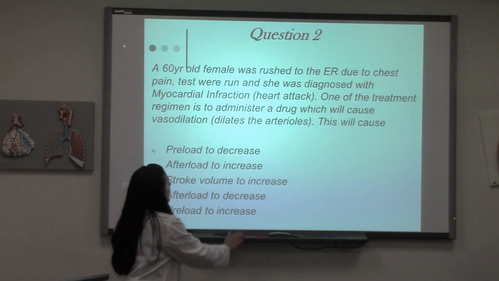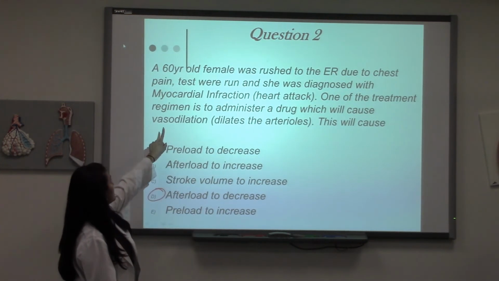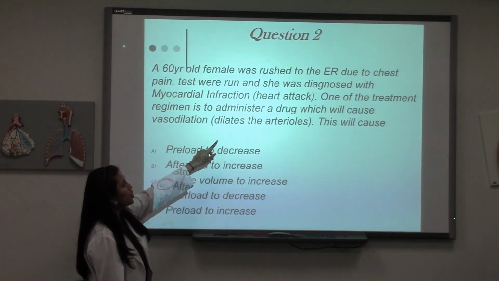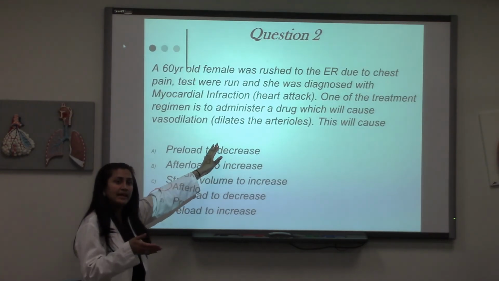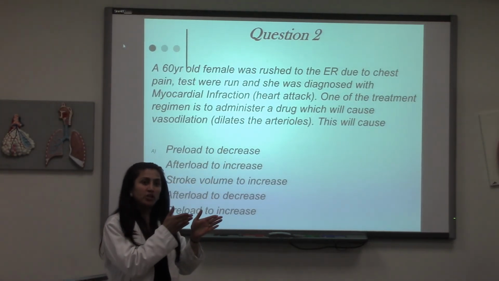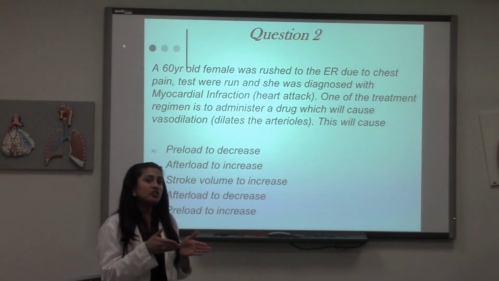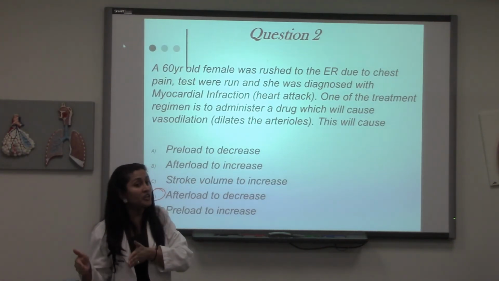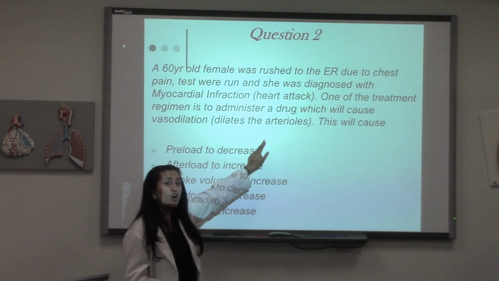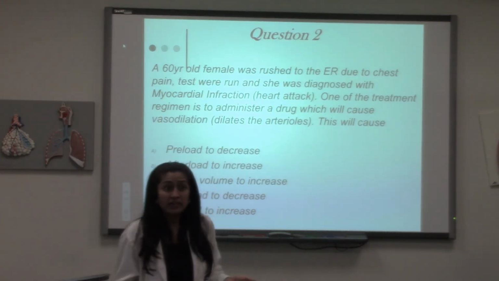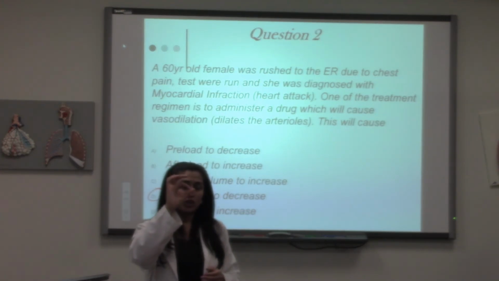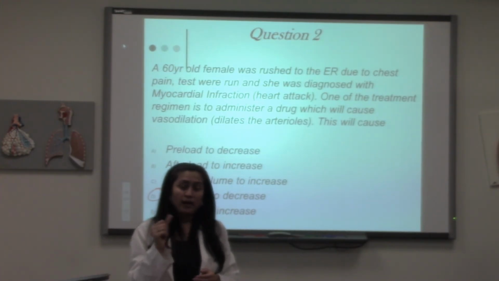Sure. I said one of the treatment regimens is to administer a drug which causes vasodilation of your arterioles. Preload is associated with your venous end, and your afterload is associated with your arterial end. Arterioles are your arterial end, right? So if you dilate your artery, what happens to the blood pressure?